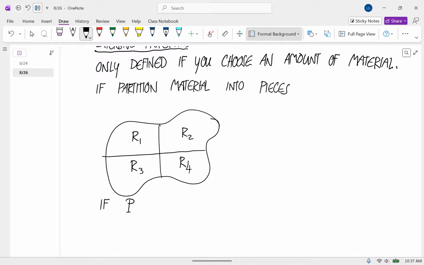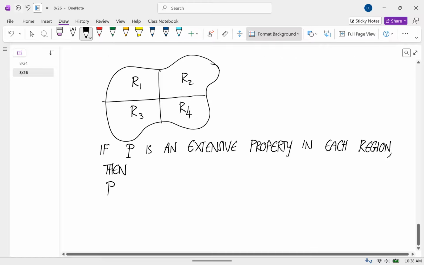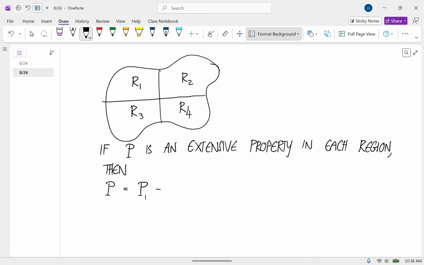If P is an extensive property in each of those regions, then this has to be true. The total P for the whole thing has to be equal to the sum of those individual P's.